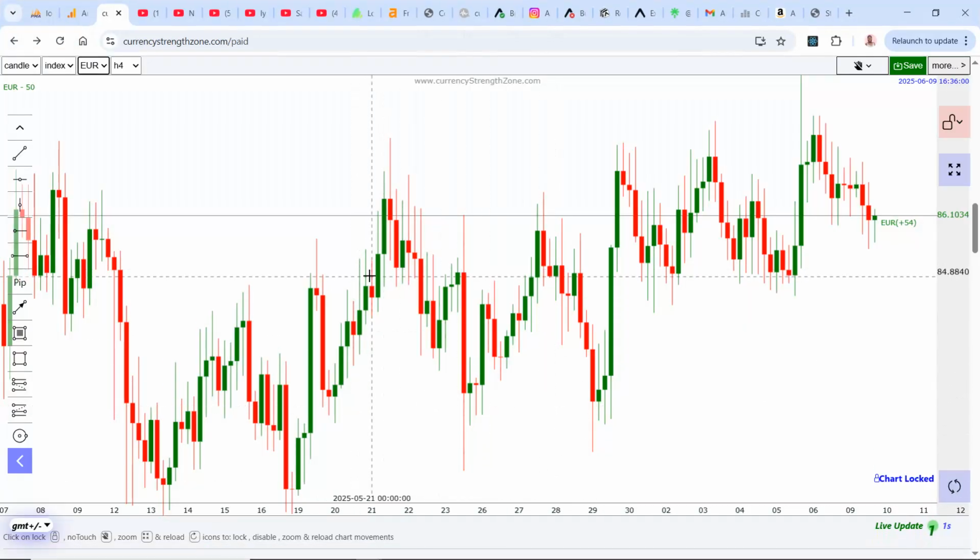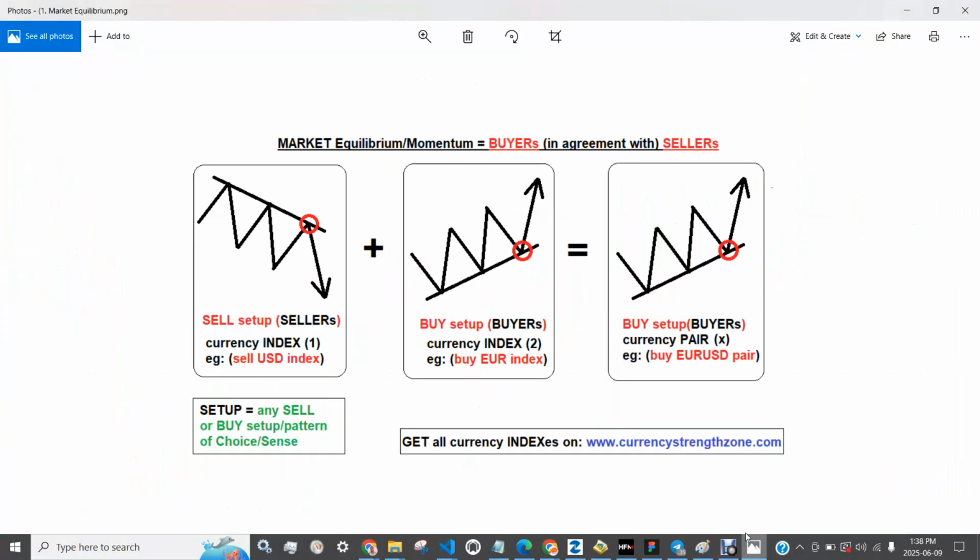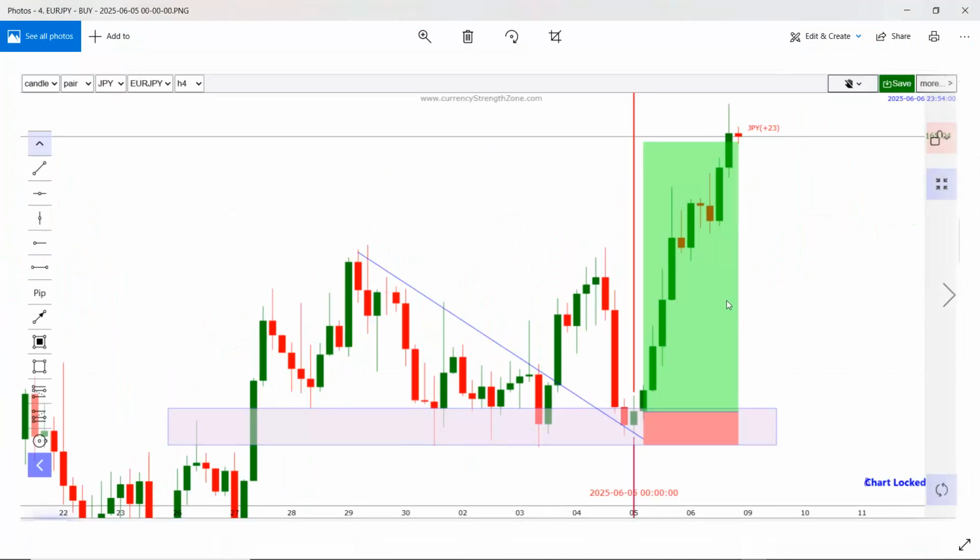Okay, so let's demonstrate this, how we got this trade, which happened on July 5th.